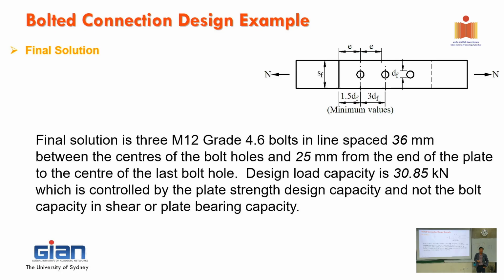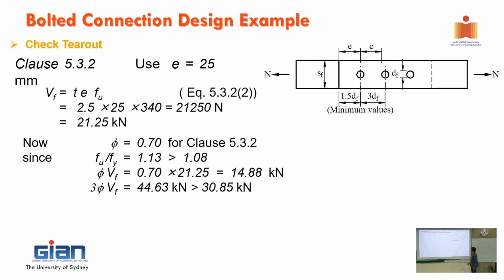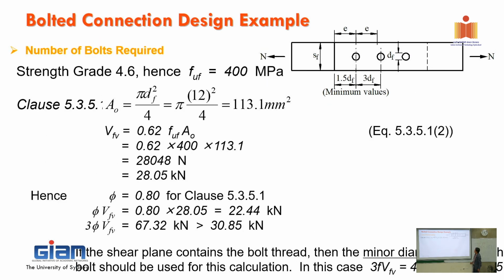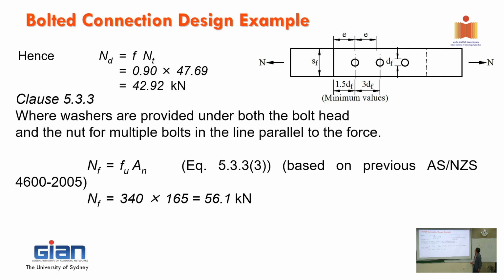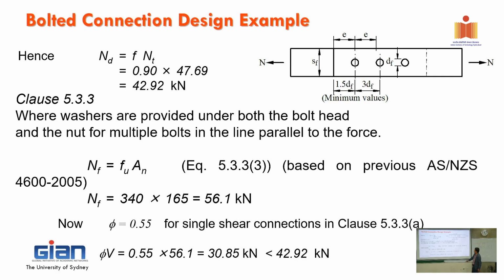So all the calculations related to the bolt are all good. Bolt in shear, bolt in bearing, bolt in tail, the other limit states, they're all good. So at the end, the 30.85 controls. So going back to 38.5, what is that? So that is this one, all right?